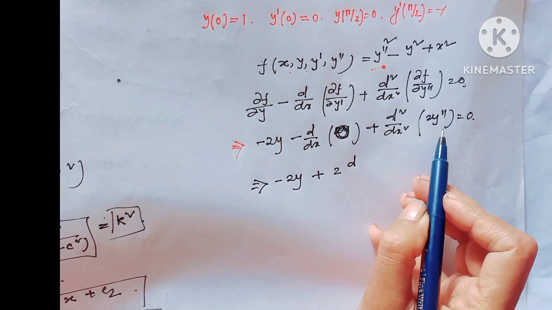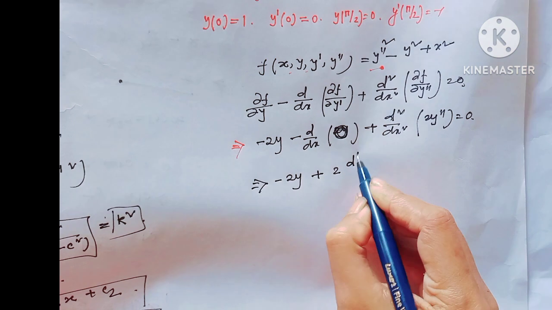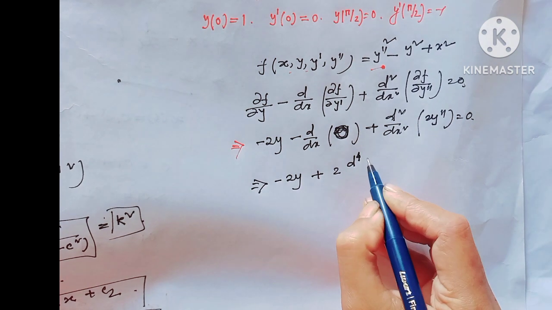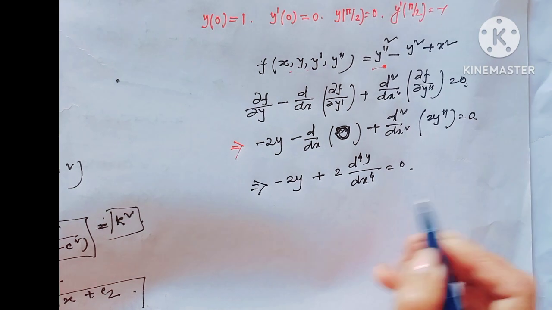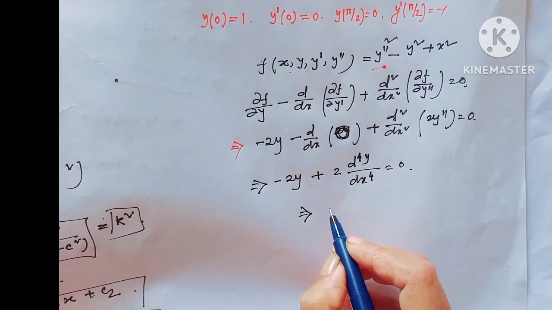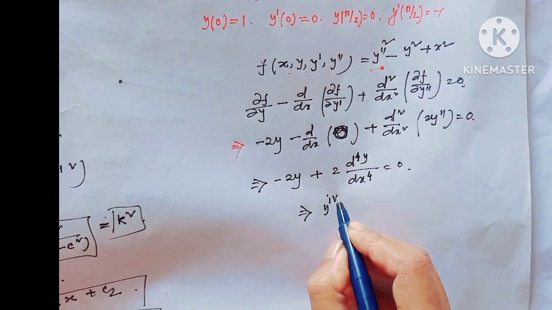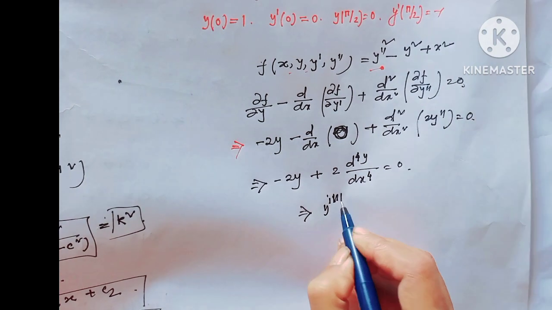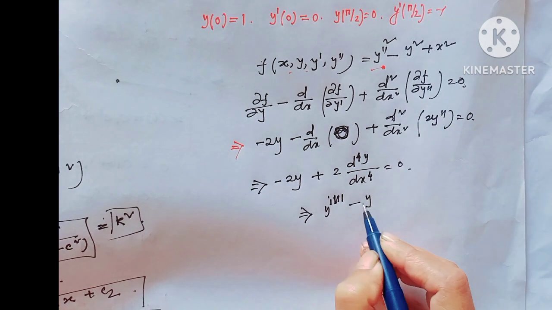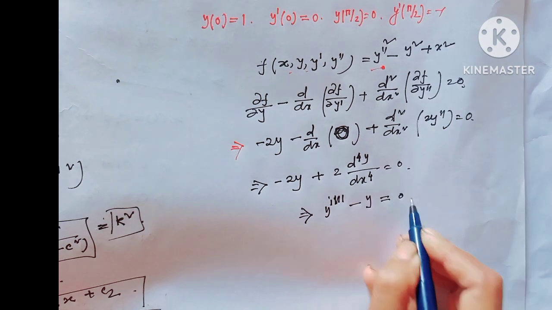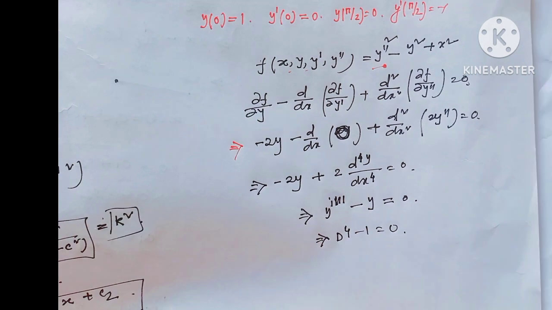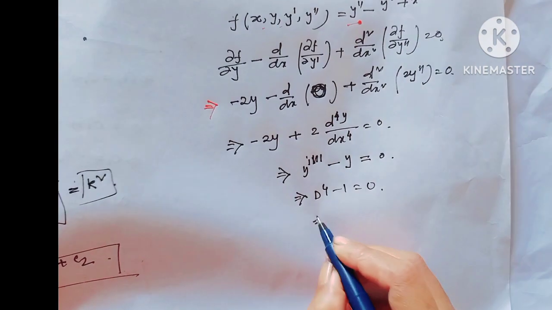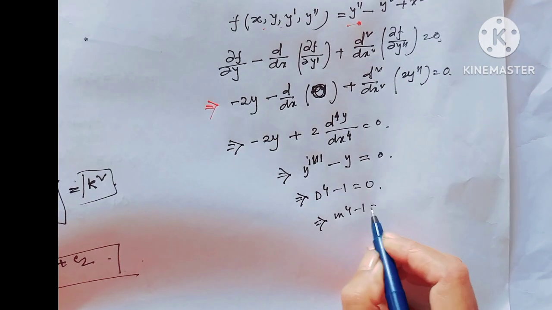Here d2/dx2 of y'' means d⁴y/dx⁴ equals 0, that implies y⁗ minus y equal to 0, and this is actually a D⁴ minus 1 type equation, which is m⁴ minus 1.